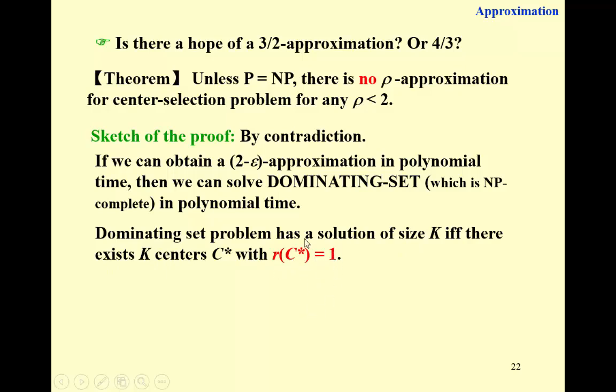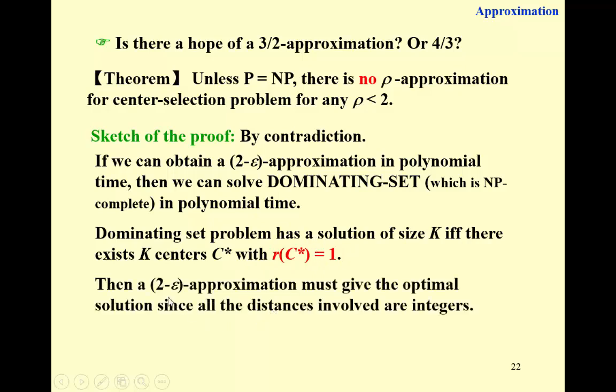Alright, and if this is the case, and if everything involved in the proof is just integers, then we can see that there's no 2 minus epsilon approximation. If this is strictly less than 2, then this number must be 1. So there's no approximation, it's just the exact solution.